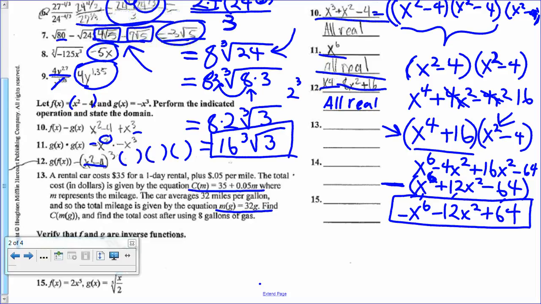Okay, let's see, got distracted there. Okay, so if C of M equals 35 plus 0.05 M, where M represents the mileage, okay? So M is 35 miles, or averages 32 miles per gallon, okay?